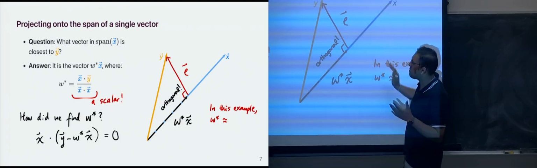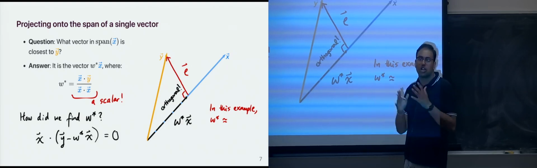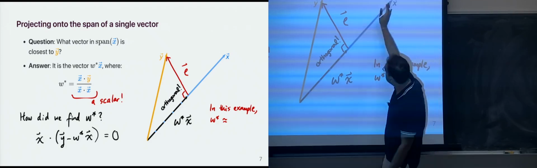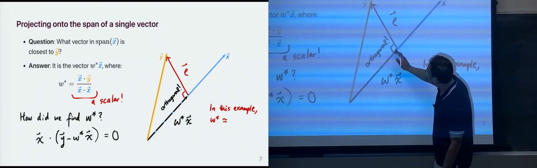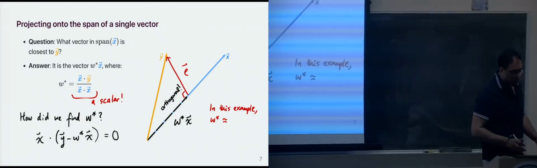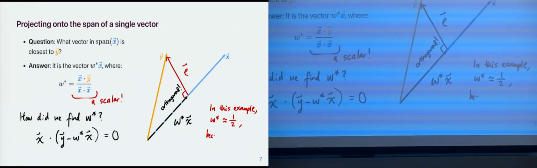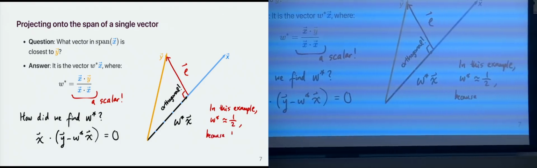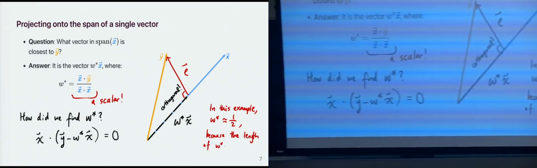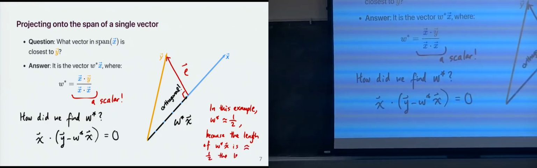And so w star being a half is saying, hey, if you want to scale x so that it's really close to y, well then do x times a half. And when you do that, the resulting vector you get is as close to y as you're going to get. Okay? So in this example, w star is around a half because the length of w star x is around a half the length of x.